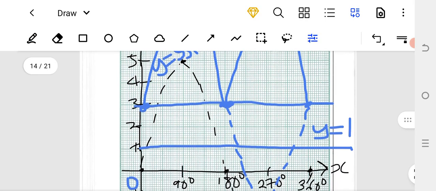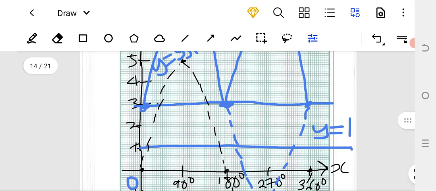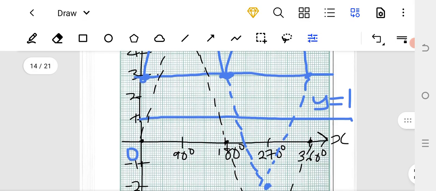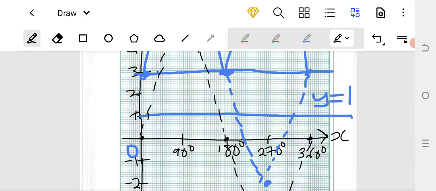So to find the number of solutions, you do this. Take note that the dotted line passed here, it passed there, it also passed there as it was moving, okay? So the number of solutions is where they are intersecting. How many times is the dotted part intersecting with y is equal to 1?